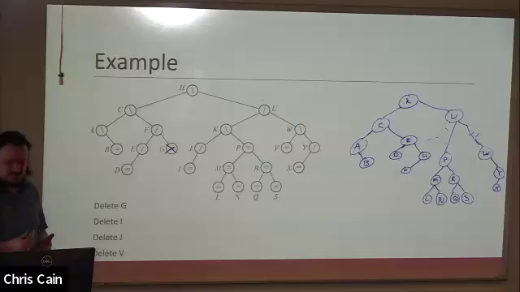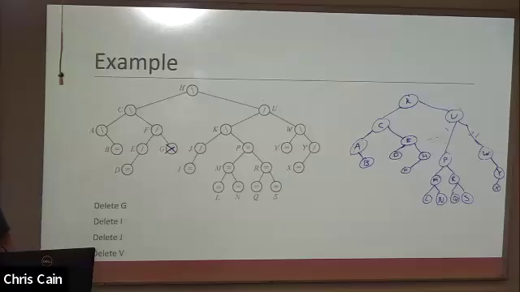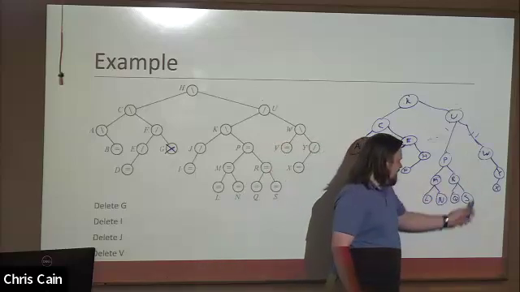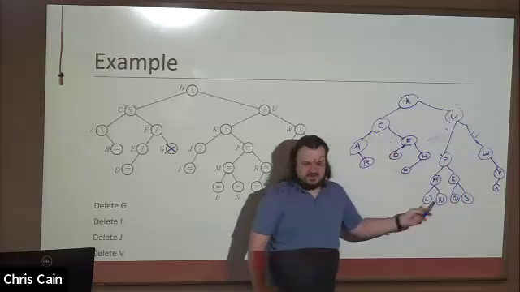Let's see. Locally, shallowest issue is at W. We need a right rotate around Y and a left rotate around W in order to fix that.